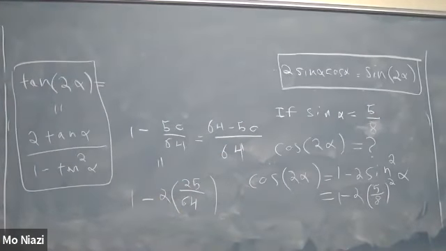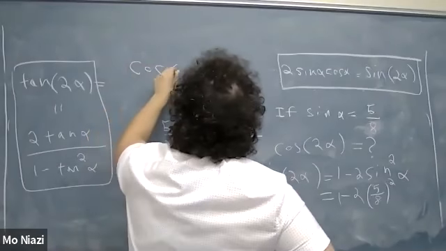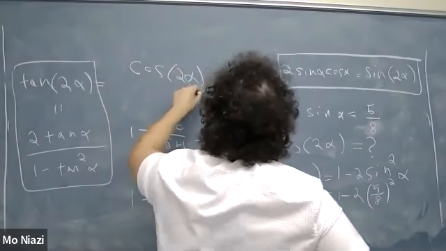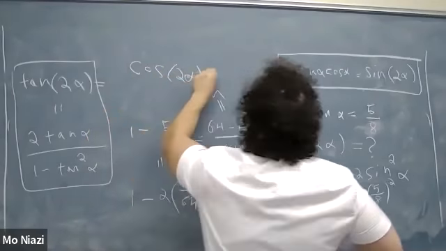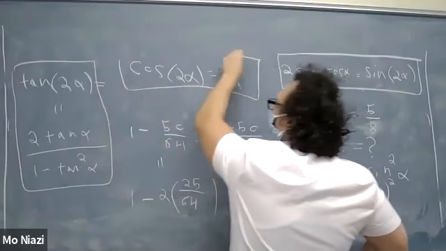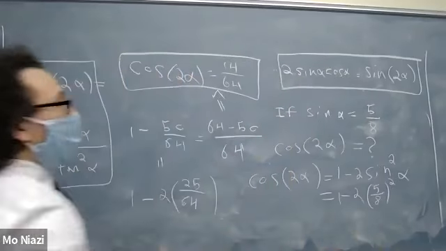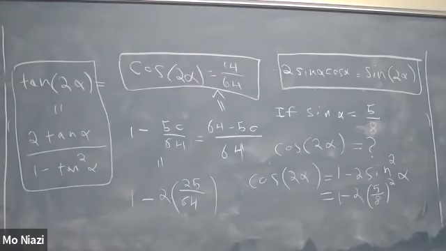And that becomes 14 over 64. Cosine of 2 alpha is equal to 14 over 64, given that the sine of alpha is 5 over 8.